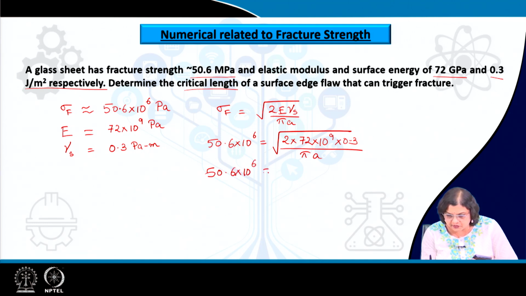50.6 into 10 to the power of 6 will be equivalent to the right hand side here, so that comes as 117,264.6 into root over of 1 by a.